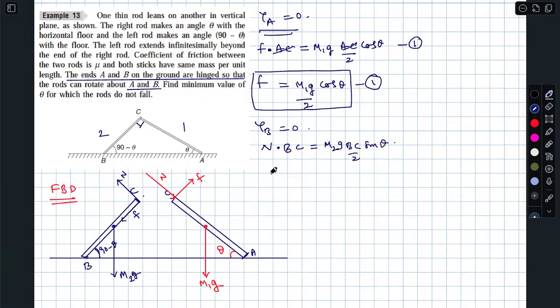Sin theta. So N is m2g by 2 sin theta. So I got N, I got F. Equation 2.